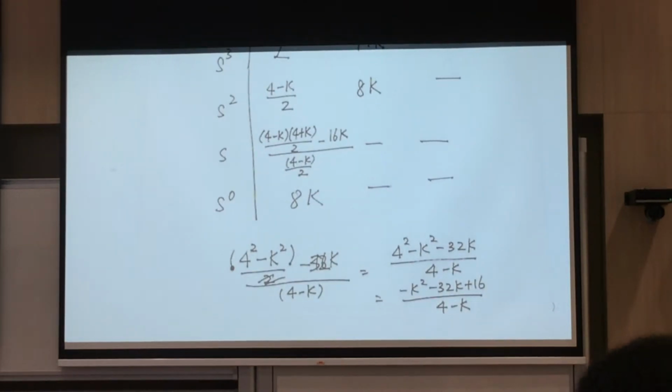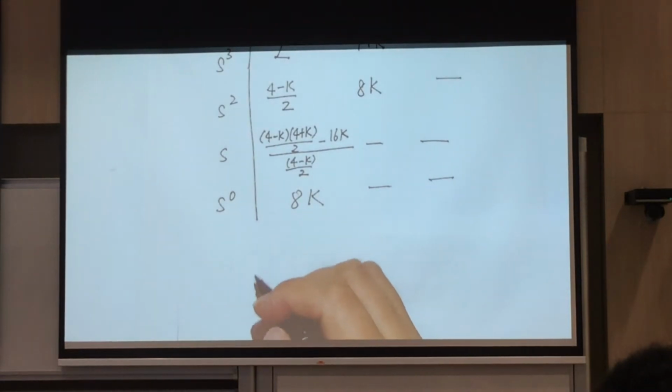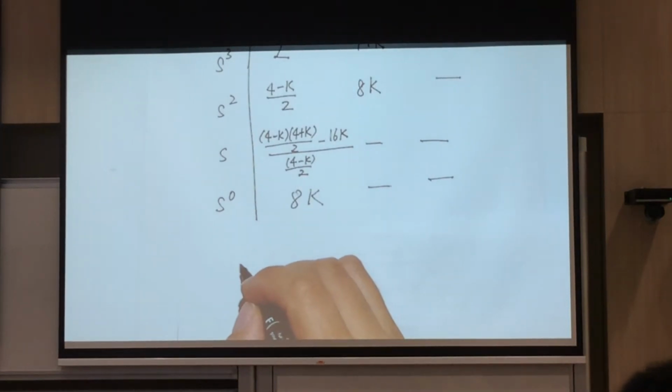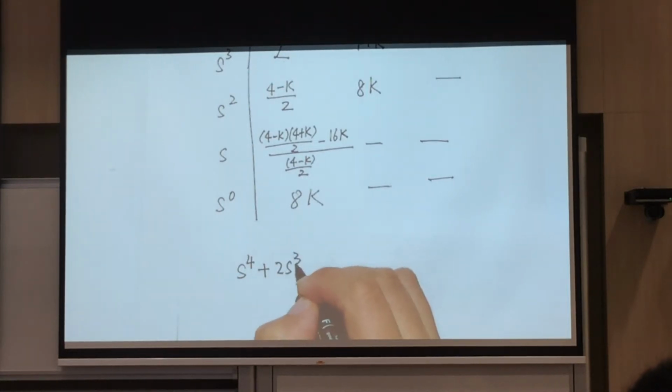Okay, so to make it easier, let us just write down all the conditions. For a fourth order system, all coefficients must be positive, right?